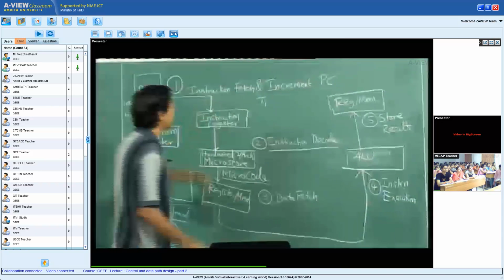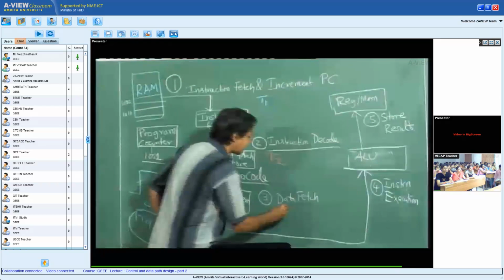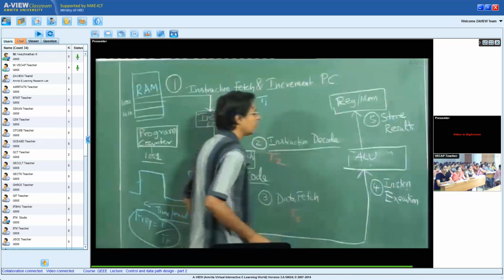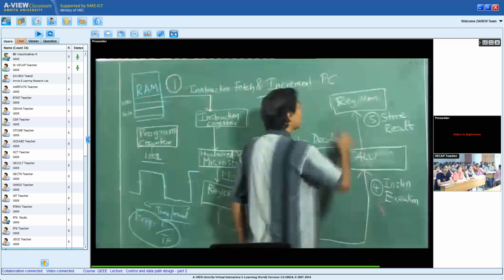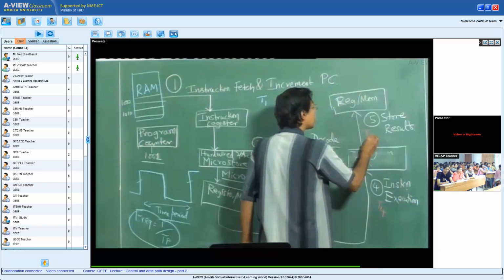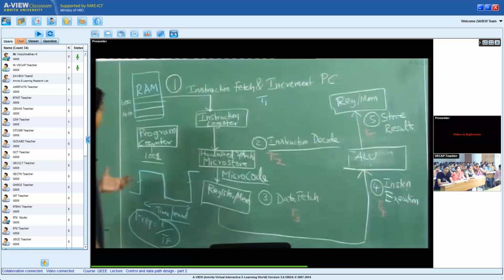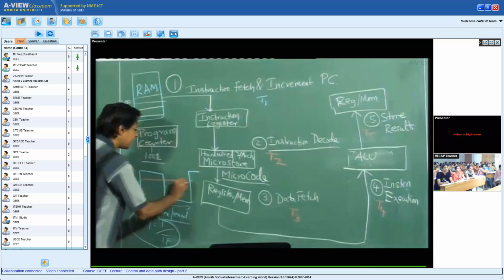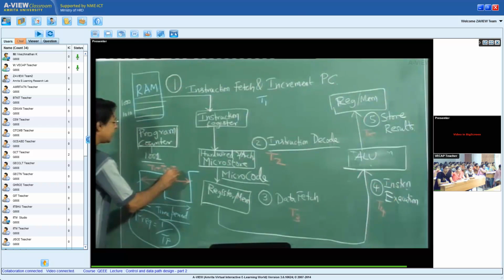Let the instruction decode take T2 time. Data fetch takes T3 time. Your instruction execution takes T4. Your register storing results take T5. So the total time period that is required for me between this and this would be T1 plus T2 plus T3 plus T4 plus T5.